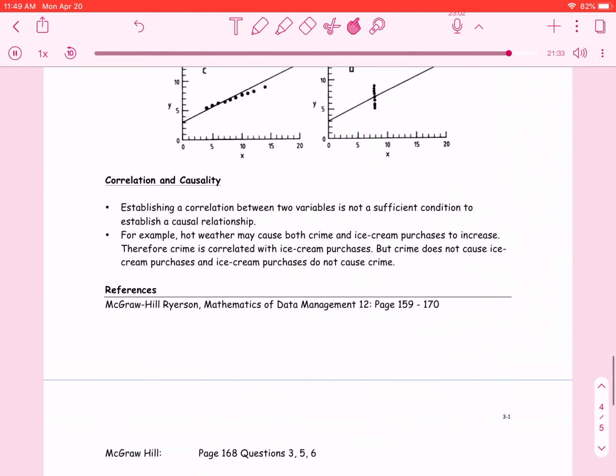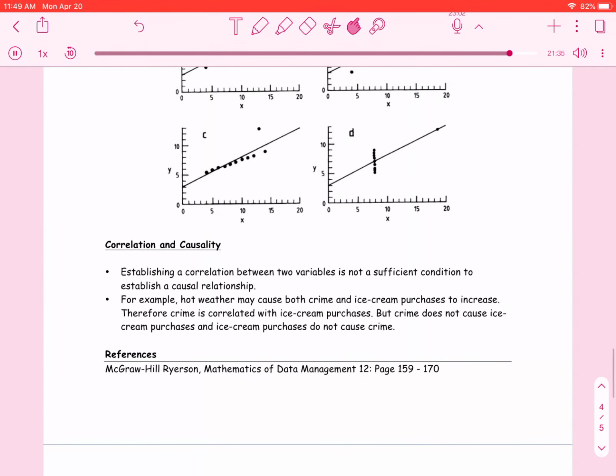Okay, correlation and causality. Establishing a correlation between two variables is not a sufficient condition to establish a causal relationship. For example, hot weather may cause both crime and ice cream purchases to increase, but it does not mean that crime causes ice cream purchases, and ice cream purchases do not cause crime.